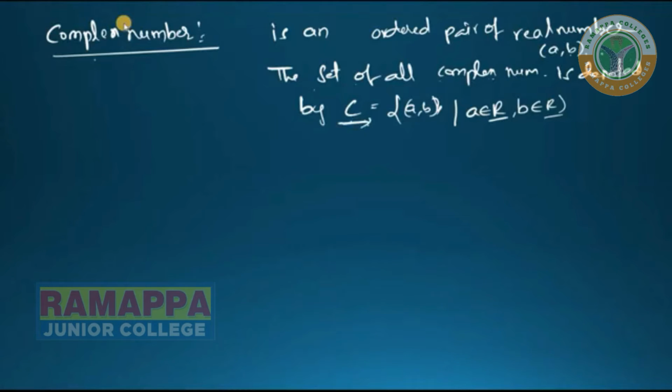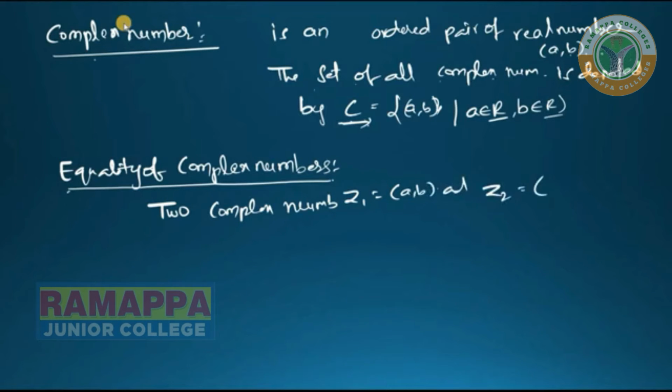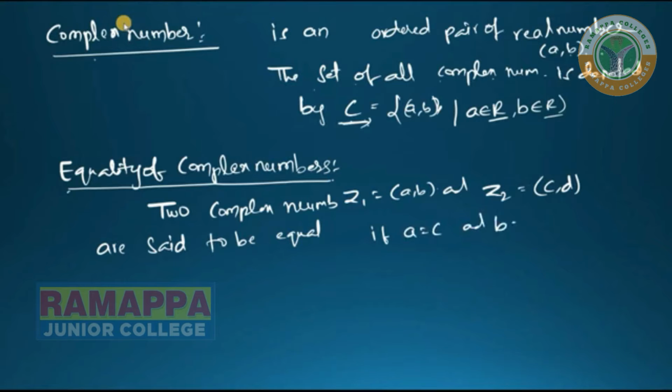Now move to the equality of complex numbers. What is equality of complex numbers? Two complex numbers z1 is equal to a comma b and z2 is equal to c comma d are said to be equal if a is equal to c and b is equal to d.